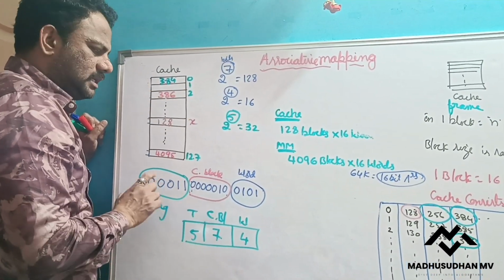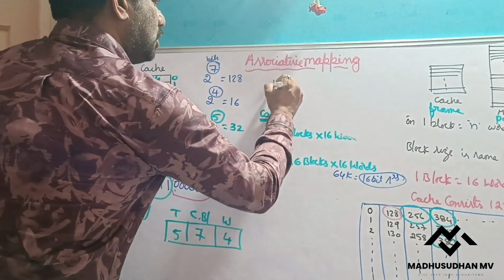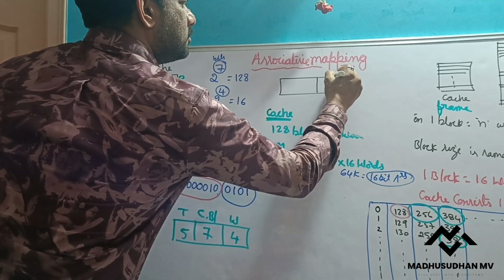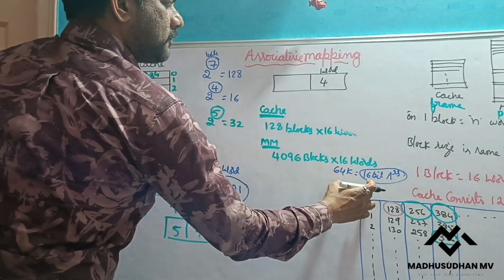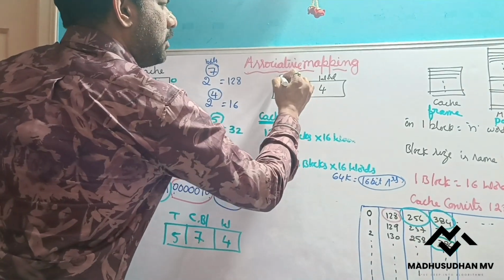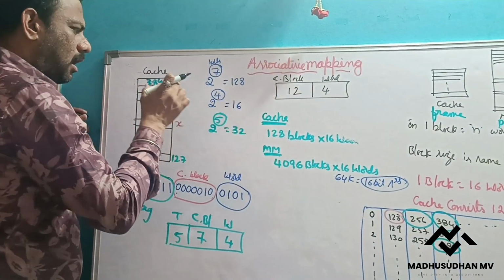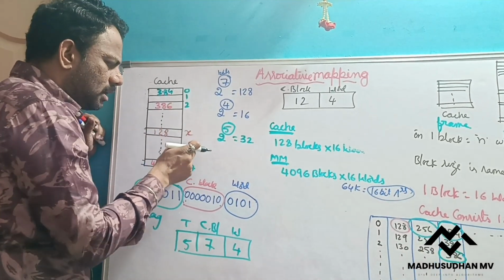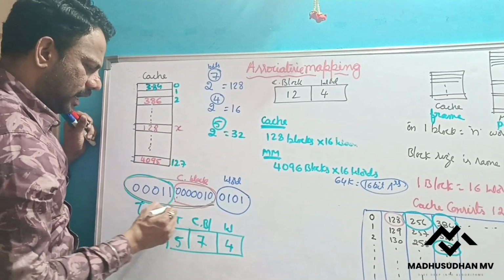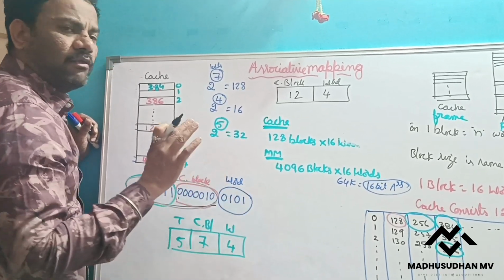Since there is no tag here, the 16-bit address is divided differently. For the word we need 4 bits, so the remaining 16 minus 4 is 12 bits. The complete 12 bits are used to identify the cache block, and the remaining 4 bits are used to identify the word.